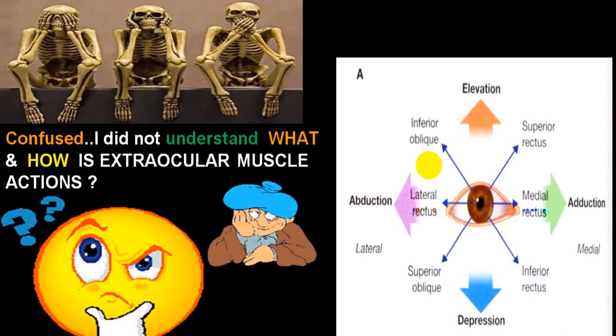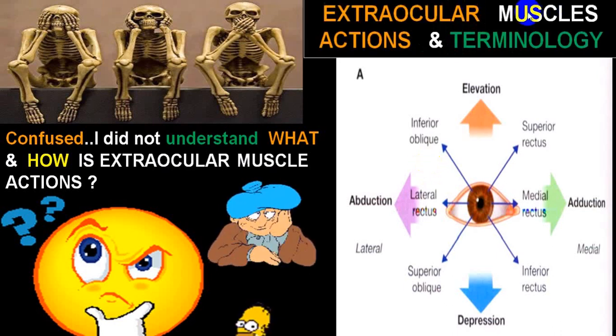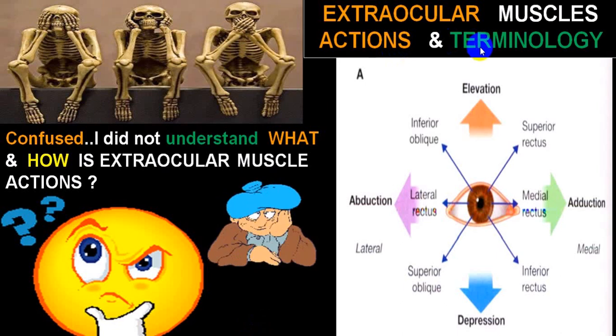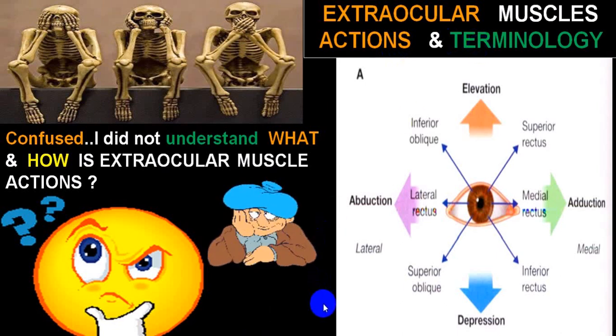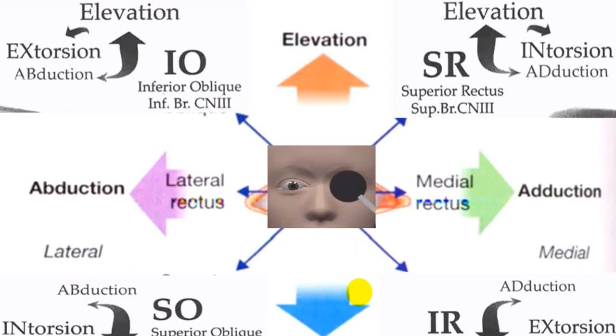And they move the eyeball in different directions. We'll be dealing with all those: what are those muscles, what are the actions, and what are the different terminology which are utilized to mention the action of those muscles. We'll be showing you the videos also.